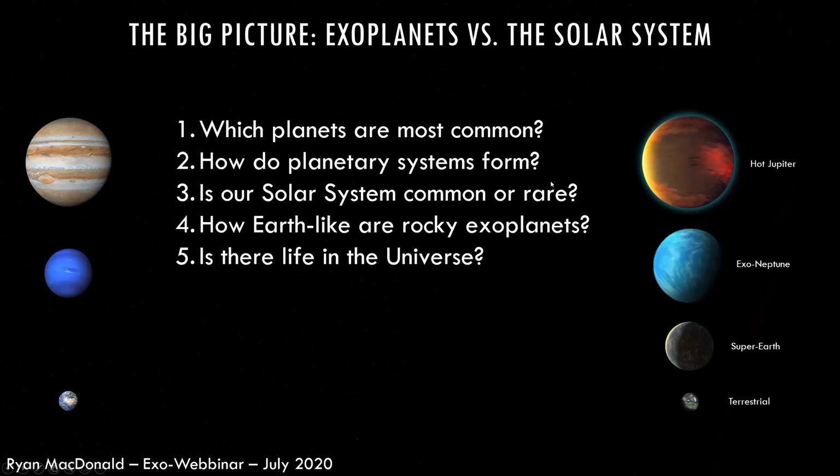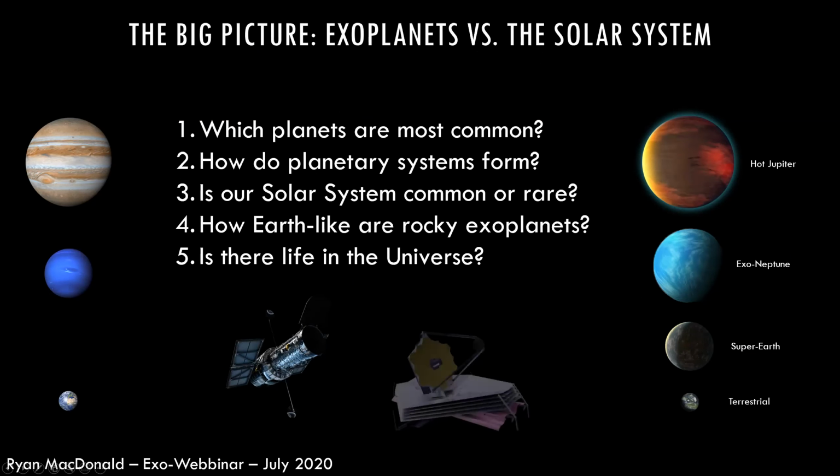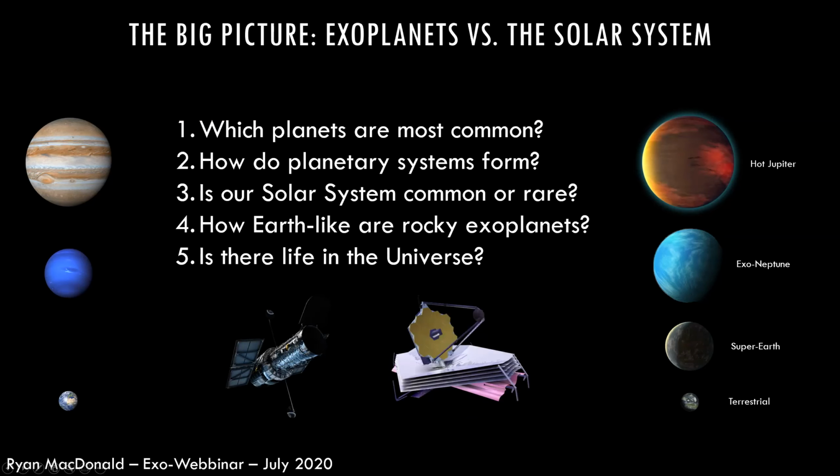So if we want to get some kind of constraints on planetary formation mechanisms by looking at the composition of atmospheres, or in the future with telescopes like James Webb, if we want to look at the atmospheres of rocky exoplanets and maybe even one day look for life in the universe, we need to have a technique that can convert remote measurements from telescopes like Hubble and James Webb into the underlying properties of these atmospheres. And that is the area that atmospheric retrieval tries to address.